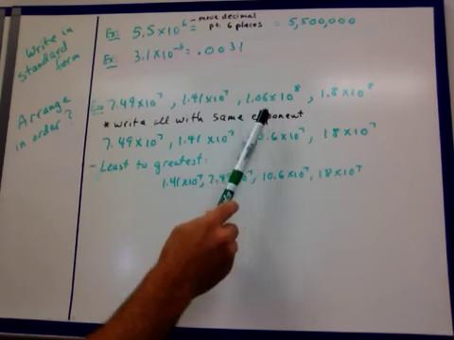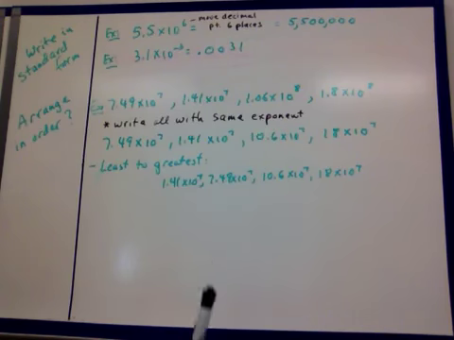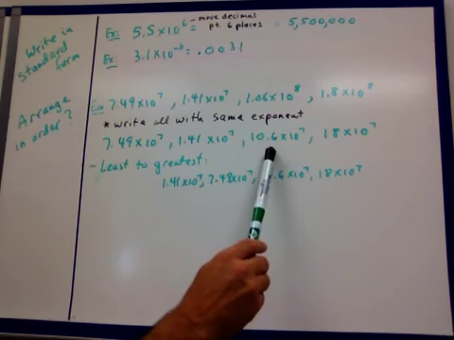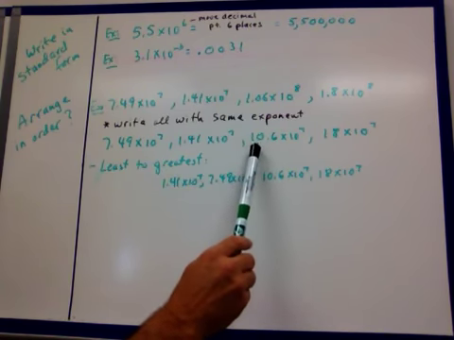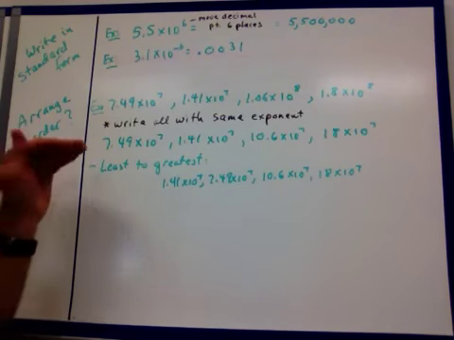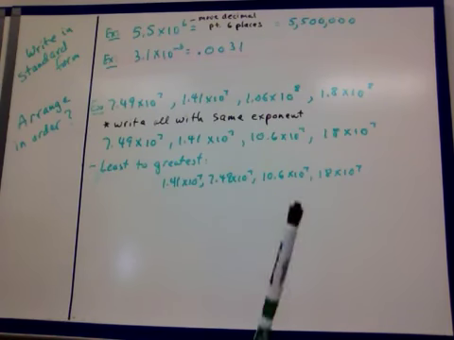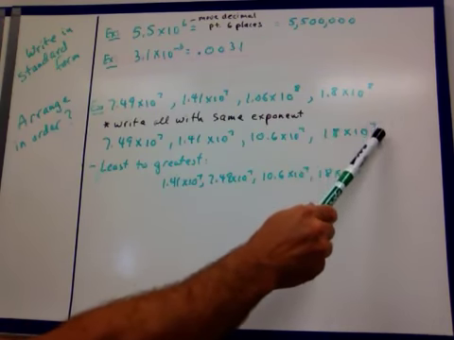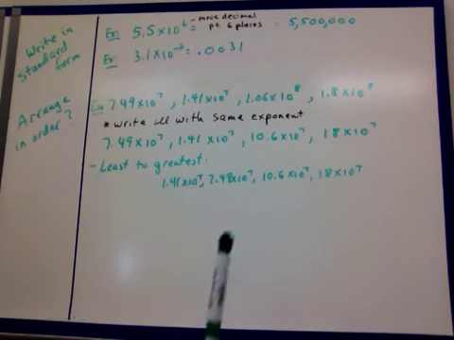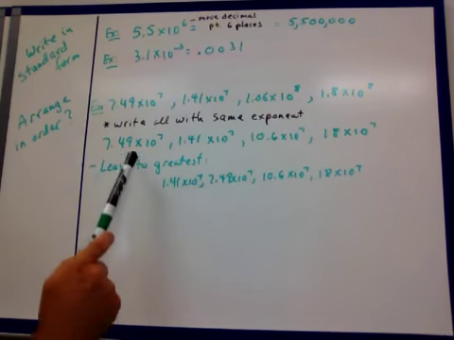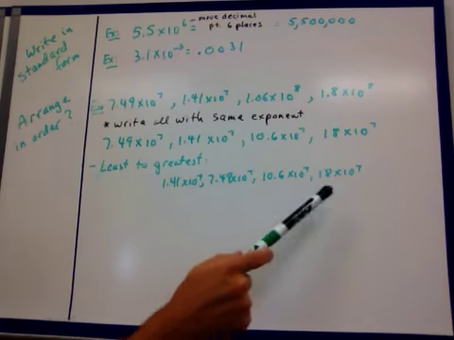Remember, this means big numbers. So I'm going to move it one place over so I get 10.6 times 10 to the 7th. It's not in scientific notation anymore because there's 2 digits to the left, but for what we want to do, it's going to work for us. Same thing here, I'm going to drop it down 1, so I move the decimal point 1, I get 18 times 10 to the 7th. Now I can write them in order from least to greatest.